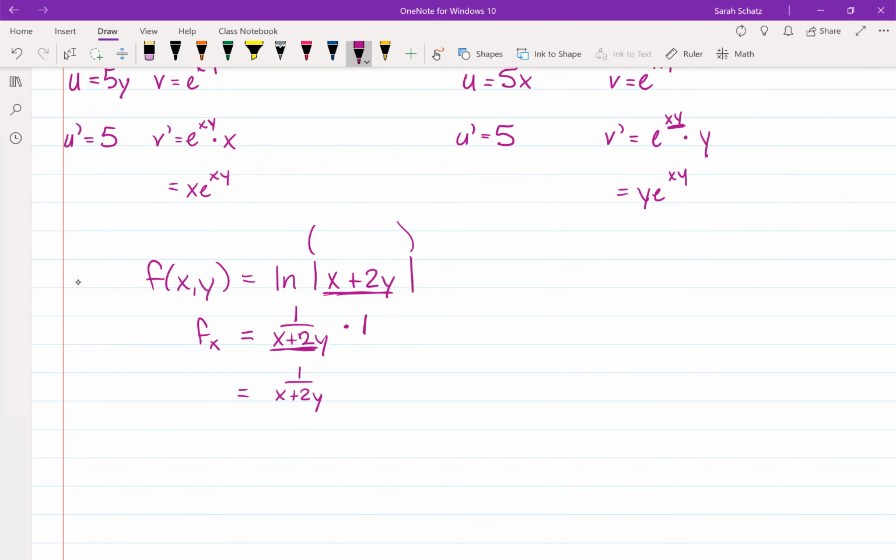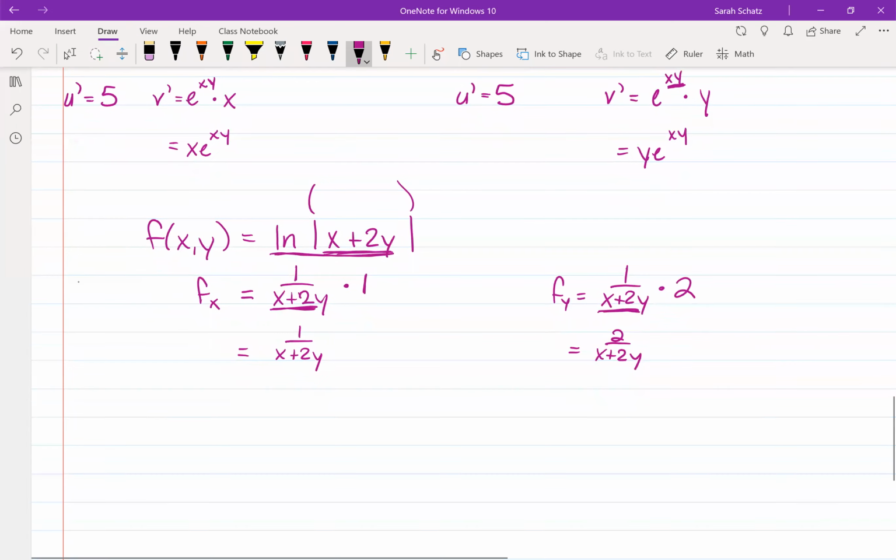Let's find fy. All right, so from the beginning, the natural log of x plus 2y comes down as 1 over x plus 2y. This time the chain rule is a little different though, because I have to take this with respect to y. So the derivative there is 2. So now I have 2 over x plus 2y as fy.